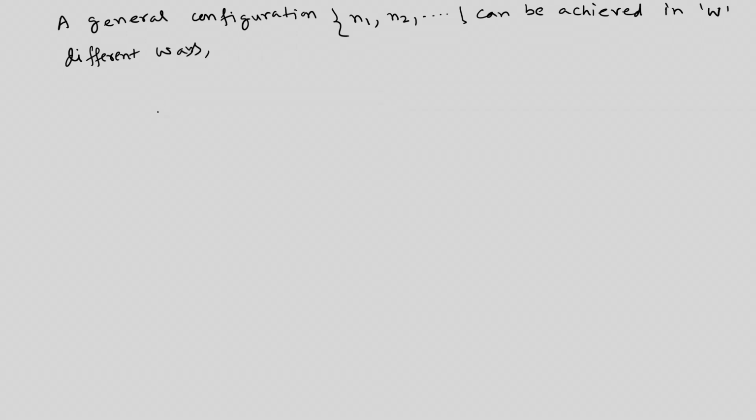So, we can write W is nothing but factorial N by N1 factorial, N2 factorial and so on.